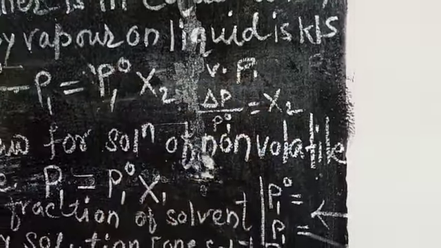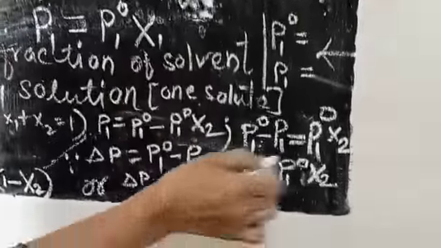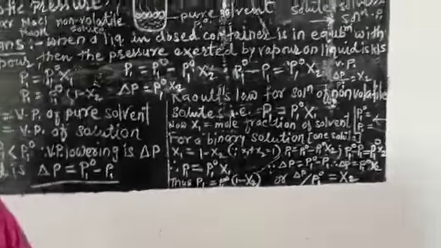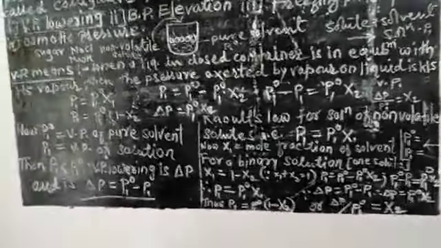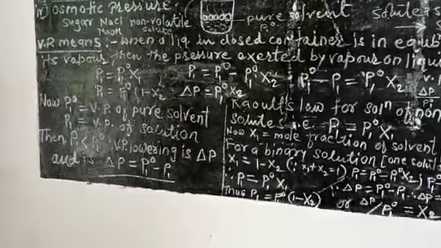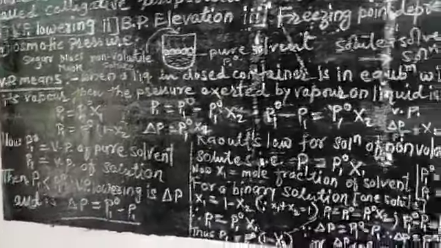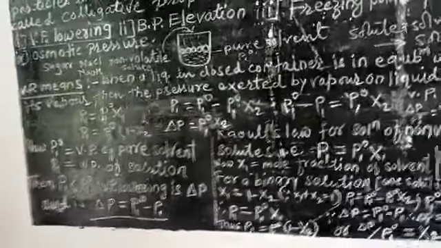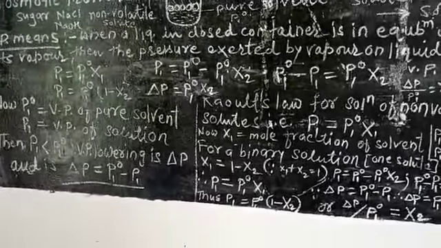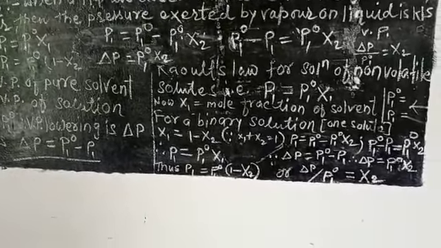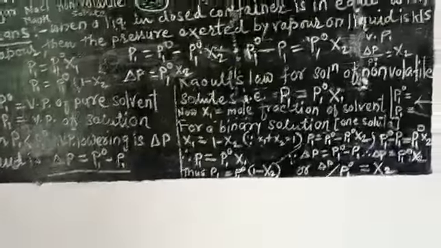So these whole expressions I have written at this space. So lastly, I will tell you that the Raoult's law for the solution of non-volatile solute is, I have given all these on the blackboard. So delta P is lowering of vapor pressure. P01 is the vapor pressure of pure solvent, and it depends upon X2.